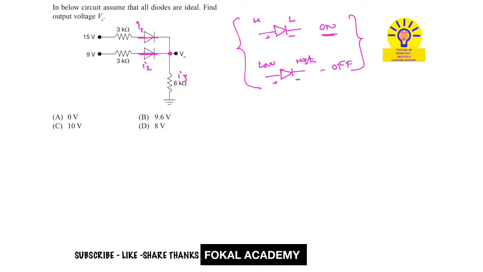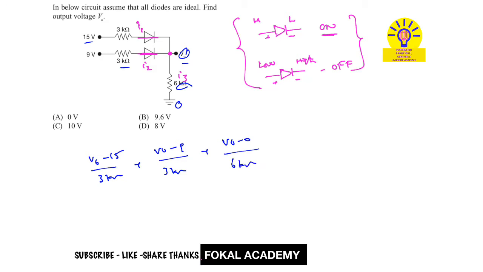So we get (V0 minus 15) by 3 kilo ohms plus (V0 minus 9) by 3 kilo ohms plus (V0 minus 0) by 6 kilo ohms equal to 0. From this we will get V0 equal to 48 by 5.